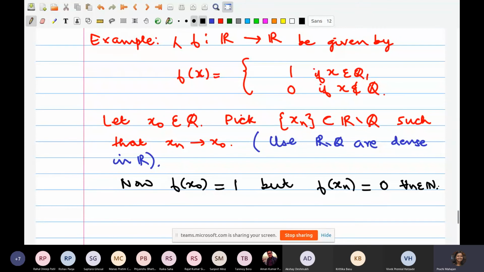Which in particular implies that the sequence f of xn does not converge to f of x naught. So what does it tell you about the function f at the point x naught? In terms of the theorem that we just discussed, this says that the function f fails to be continuous at the point x naught.